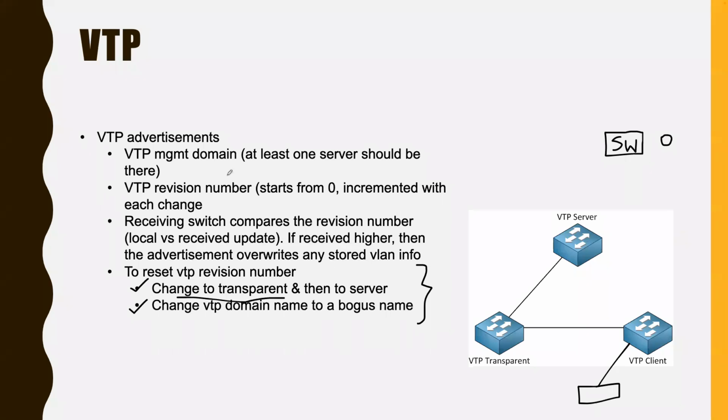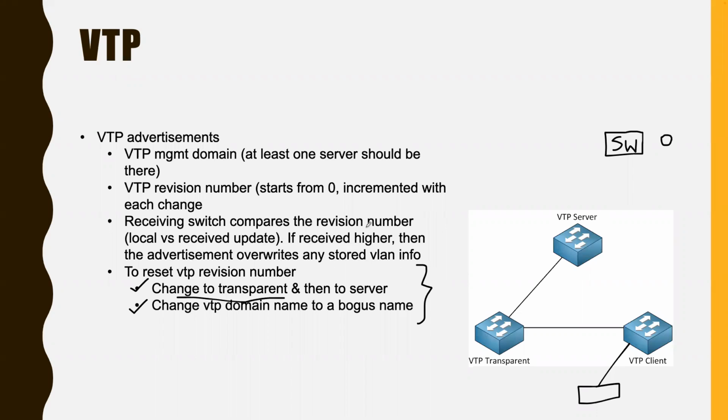Sir, one doubt here. VTP means that is like a core switch or what? Because a core switch also carries multiple VLANs, correct? No, don't confuse it with core, access or aggregation.